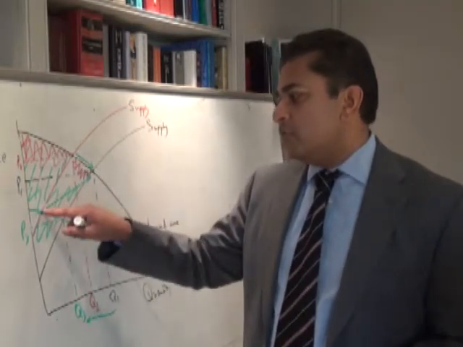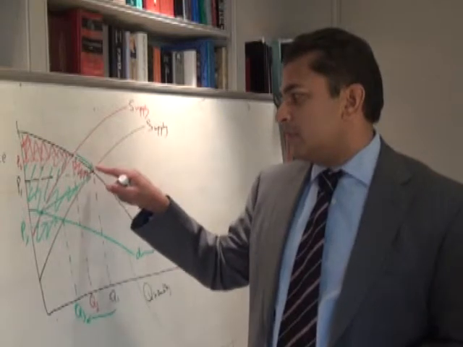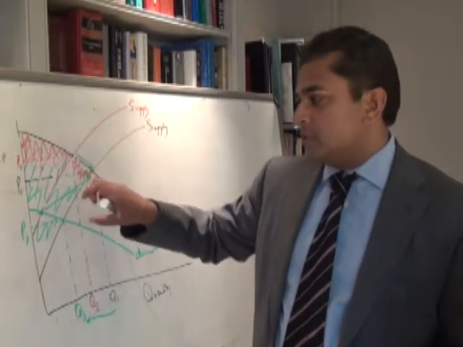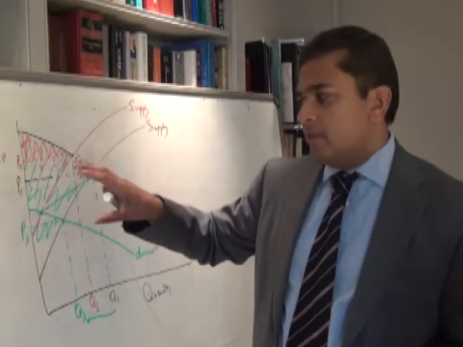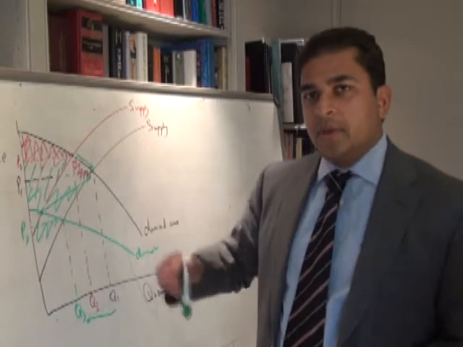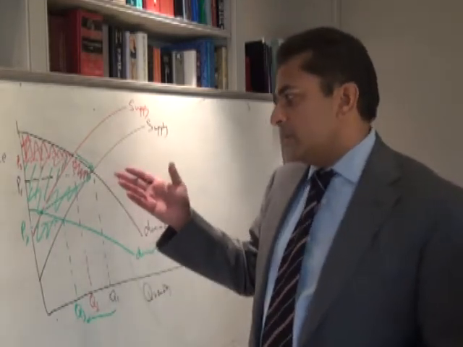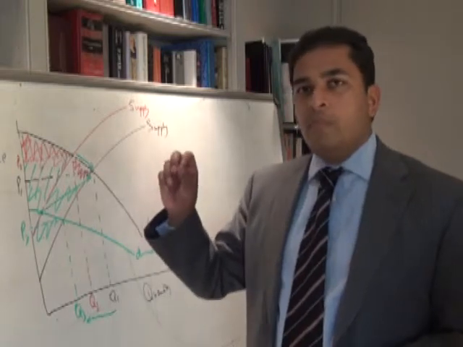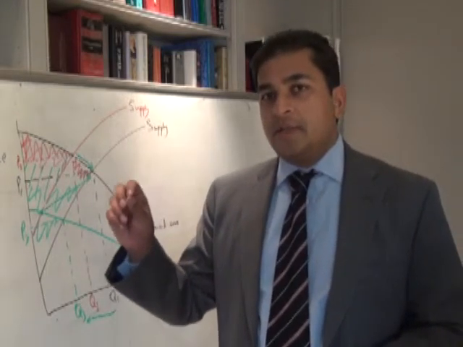And when you move from this point to this point, or from this point to this point, you are growing the consumer surplus, the benefit to consumers, you're growing the producer surplus, the benefit to producers, and you're reducing this deadweight loss. And clearly we'll never reduce it to absolutely zero, but the closer we get here, the more prosperity we are creating in the country.